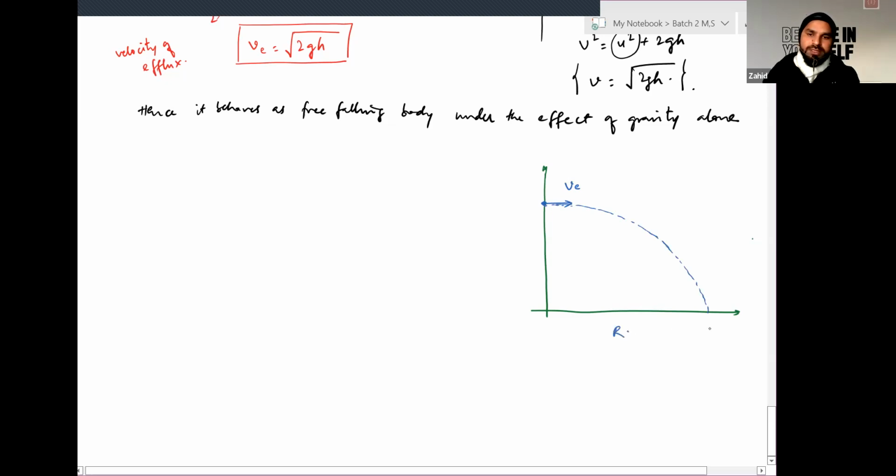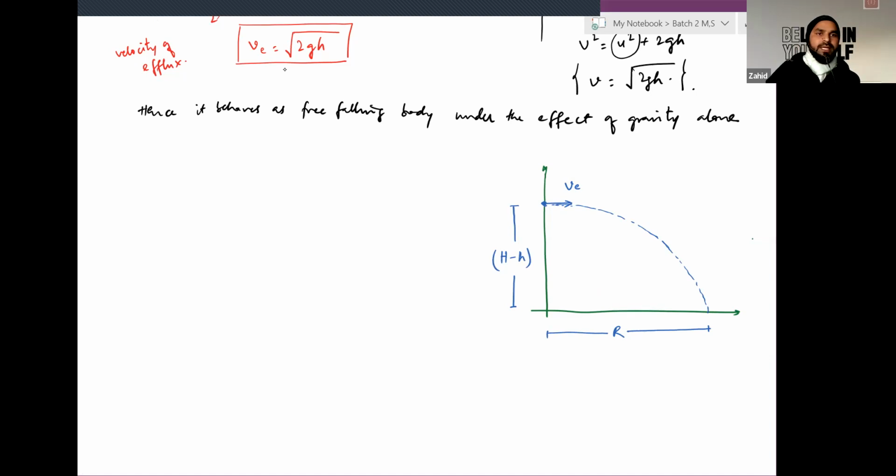This horizontal distance from the point of projection to the hitting ground is called range. This is called H minus h. So we have in this part two different types of motion, one along the x-axis and the other along the y-axis. Let me define you.